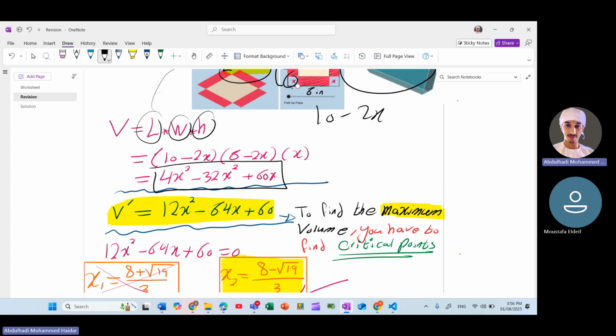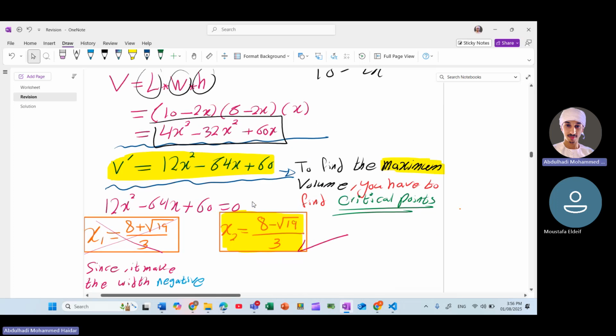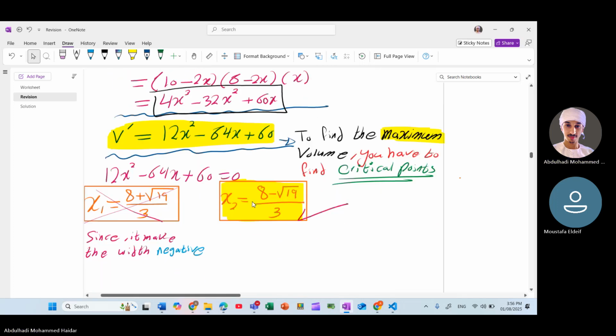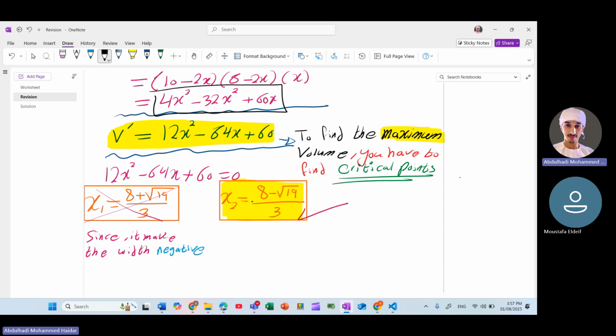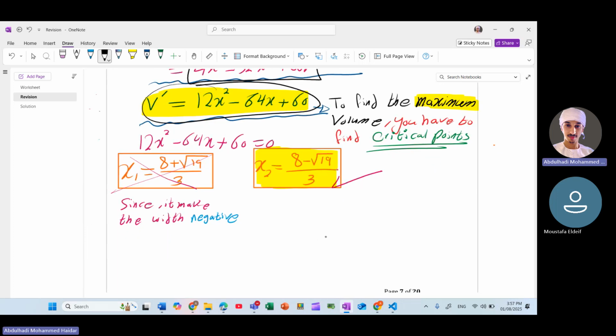Okay, that's it. After that, if you want to find the maximum volume, then you have to find the critical points. So just differentiate as we did and then solve. So I have 2 numbers, X equal to this number and X equal to this number, but I have to accept 1. Why did I reject this?